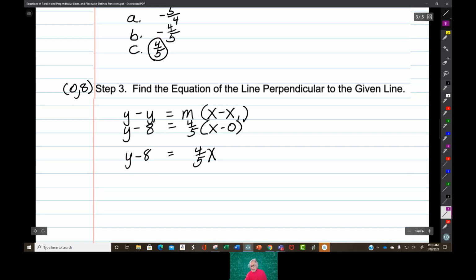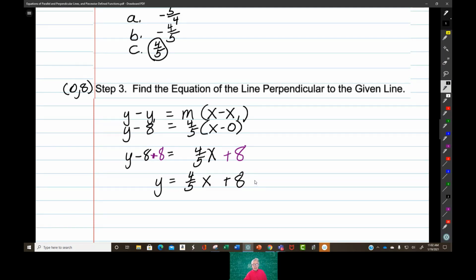So I will add 8 to both sides and I'm done. And this problem is a lot faster. So we'll have y equals 4/5 x plus 8.